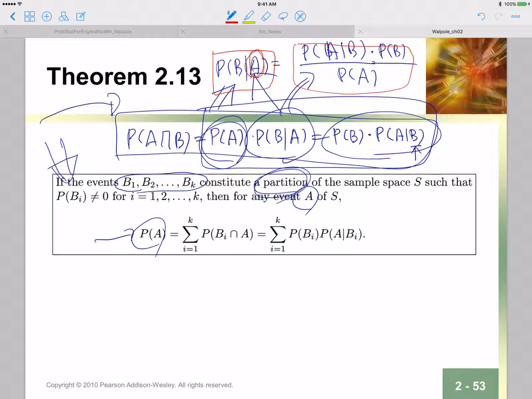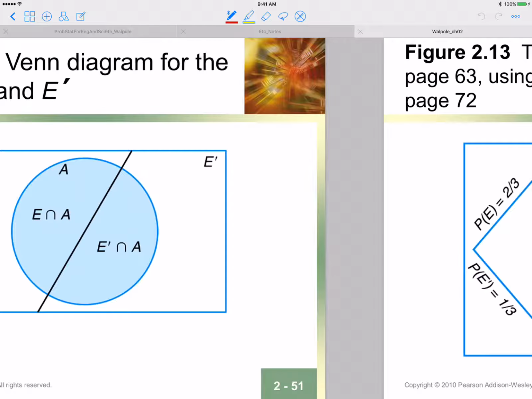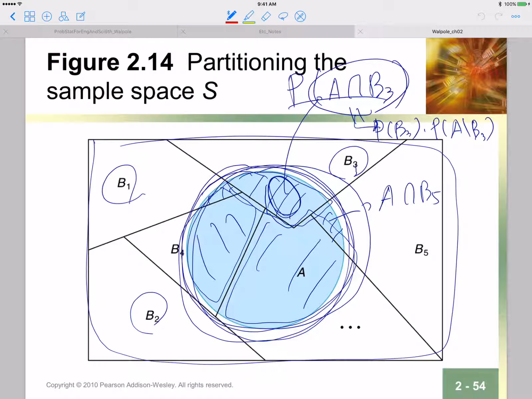So it's basically the joint probability in the numerator divided by the probability of A.